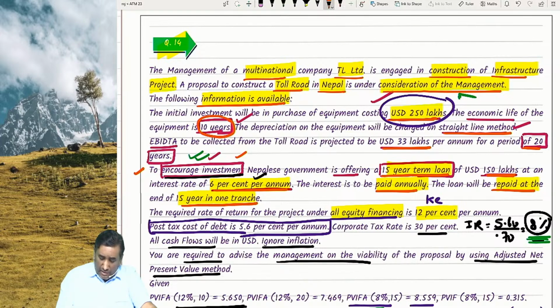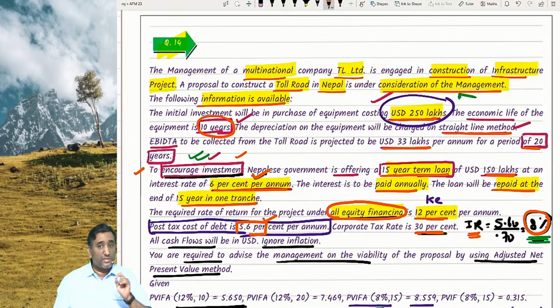The required rate of return for project under all equity financing is what? 12% per annum. Pre-tax cost of debt is 5.6 per annum. Corporate tax is 30%. So if 5.6 is there, when I reverse calculate interest rate, it comes to 8%. But sir, you are getting loan at what? 6. I am getting loan at 6 because the Nepal government wants to encourage investment, hence they are giving it cheaper.